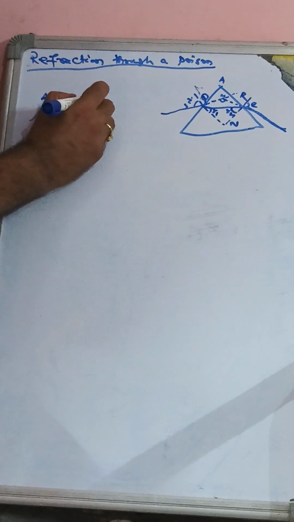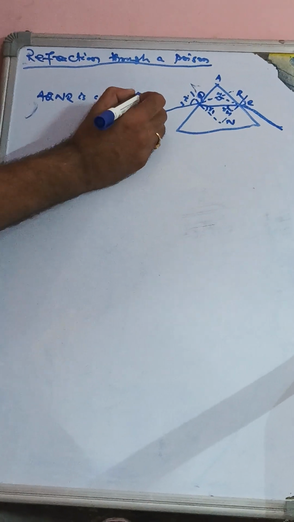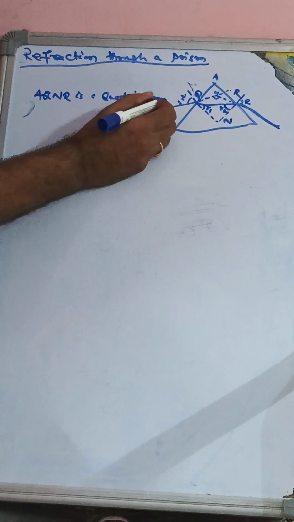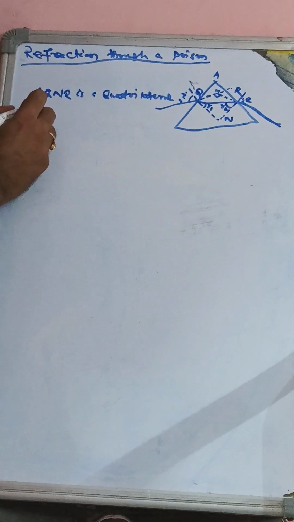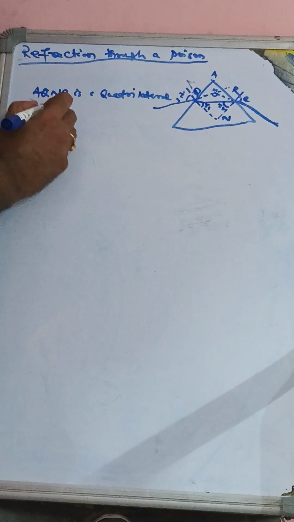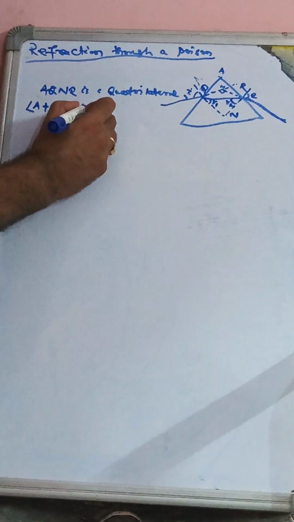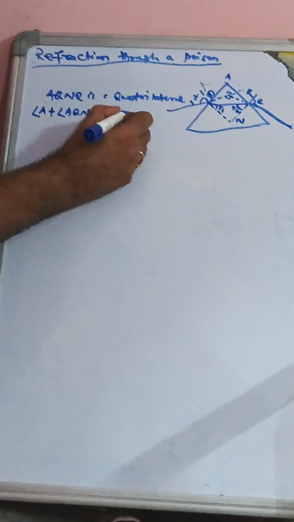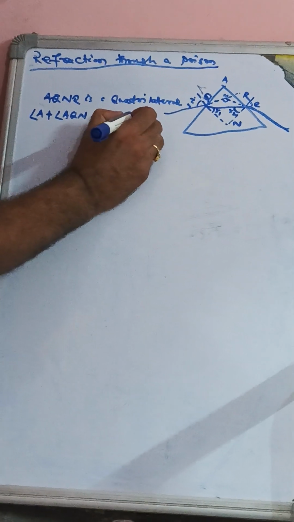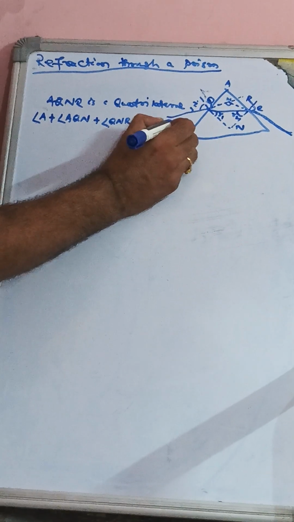So angle A plus angle AQN plus angle QNR plus angle NRA is equal to 360 degrees.